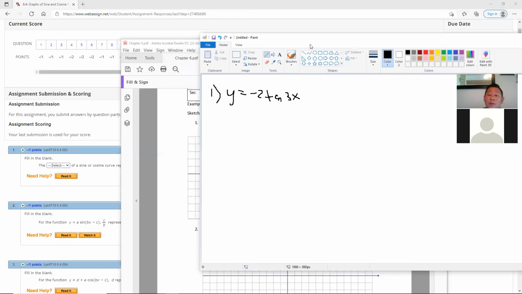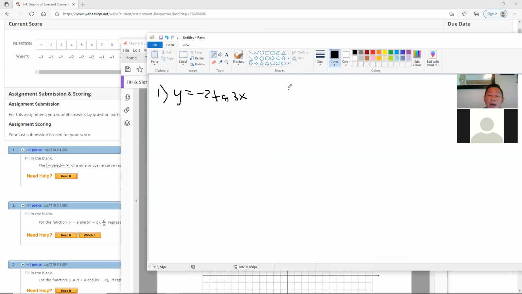The next one has a phase shift. In this case, your A is -2 and your B is 3. This is your A, this is your B. Same thing like sine and cosine that you did in the previous section. You don't have a C, or in this case it's 0. Your D, we don't have it, so it's 0.